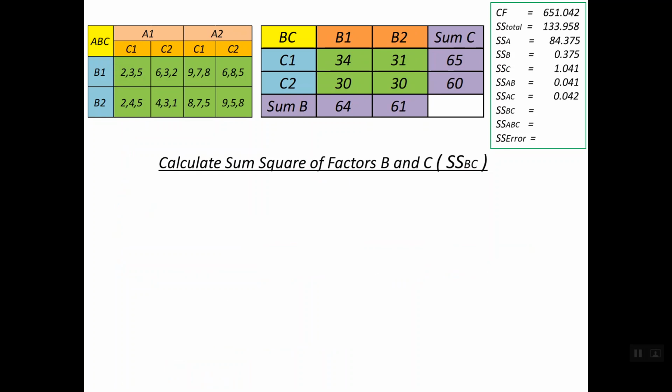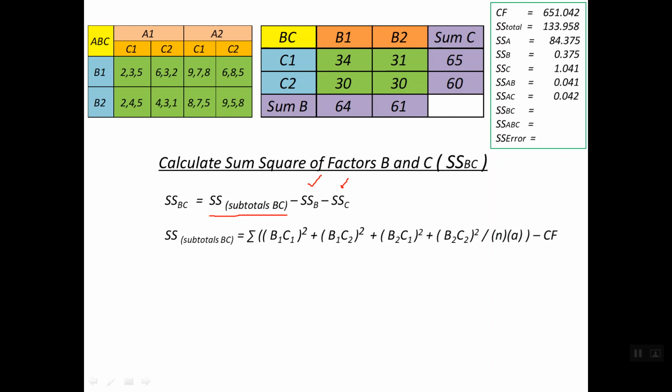The third interaction is between B and C. So to calculate the SS for B and C, we use the same procedures. We need to calculate first this value. These two values are already known. For the combinations between B and C, we have 4. We have B1C1, B1C2, B2C1, and B2C2. This is B1C1, equal to 34.